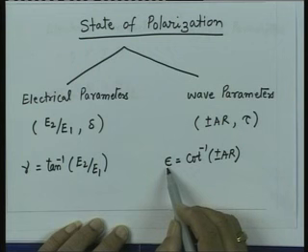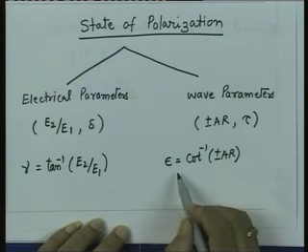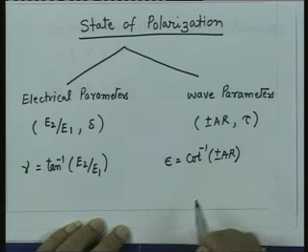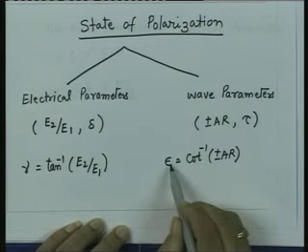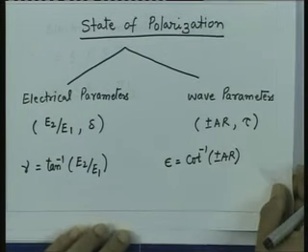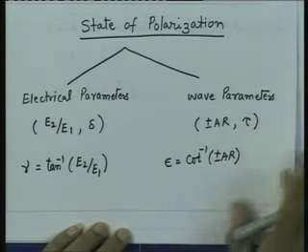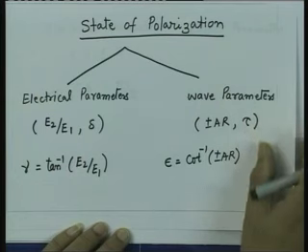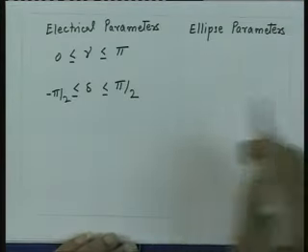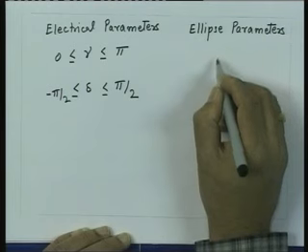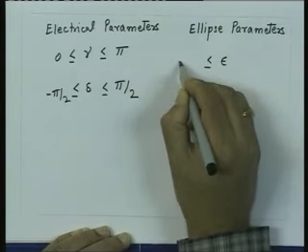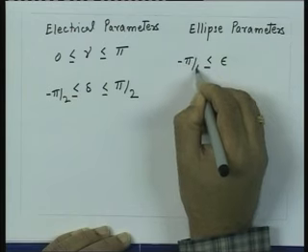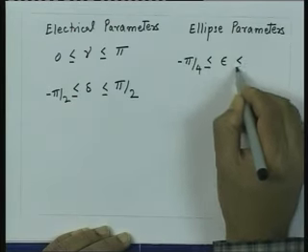So, that means this angle epsilon can vary from 0 to 45 degrees with the sign which is plus or minus. So, the range of epsilon is from minus 45 degrees to plus 45 degrees, and the angle tau will go from 0 to 180 degrees as we saw for the ellipse. So, we have here the range for this epsilon which will be from minus pi by 4 to plus pi by 4.